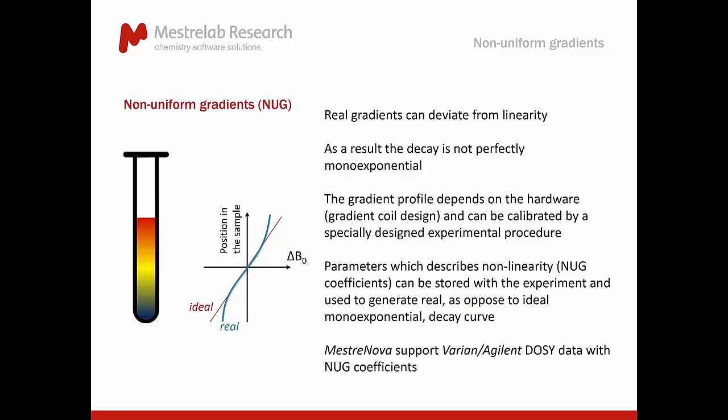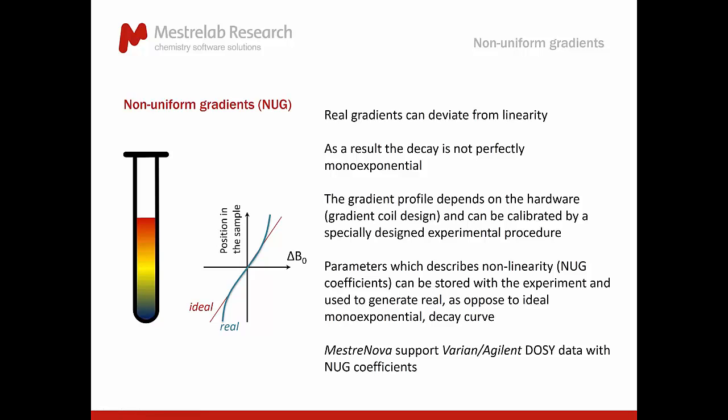But a good thing is that because it is a hardware imperfection, it can be calibrated in specially designed experiments, and knowing the profile of the gradients, which can be measured experimentally, we can construct what the real decay function is. So it's not going to be exponential, it's going to be a little bit more complicated, involving a so-called non-uniform gradient coefficient, but this decay function can be very well described.